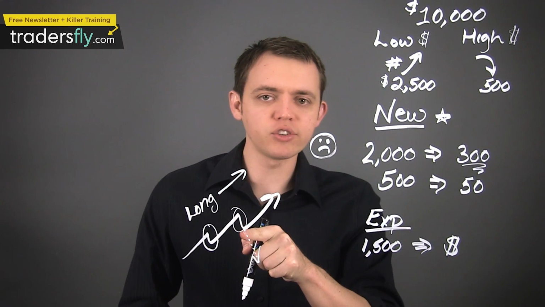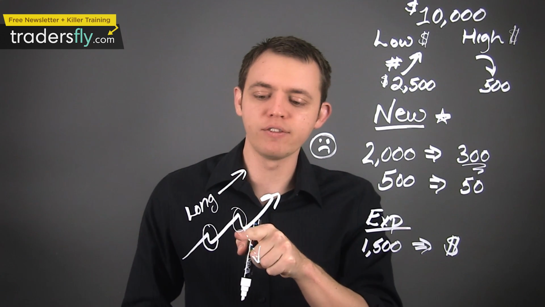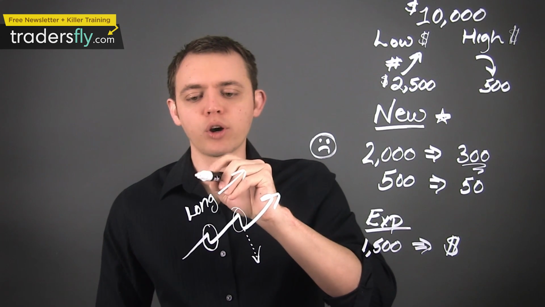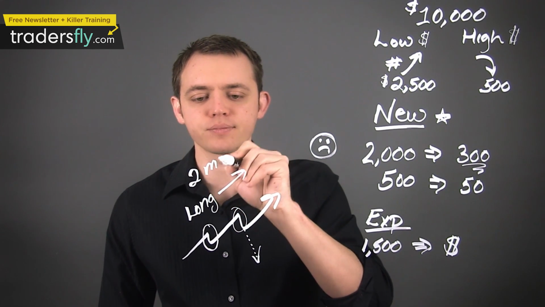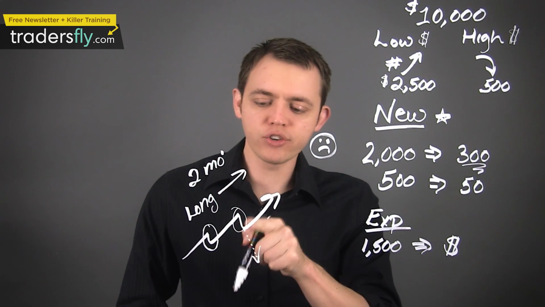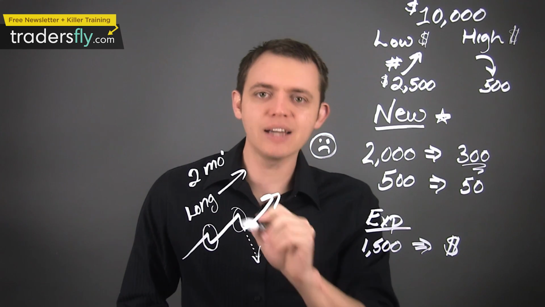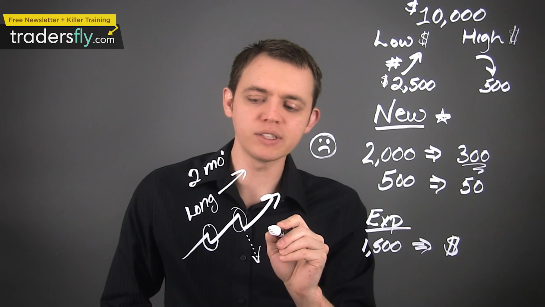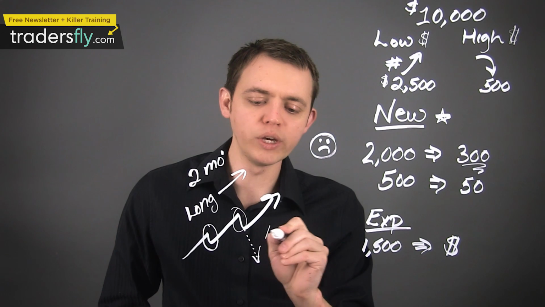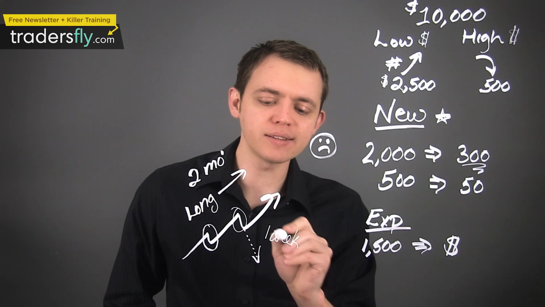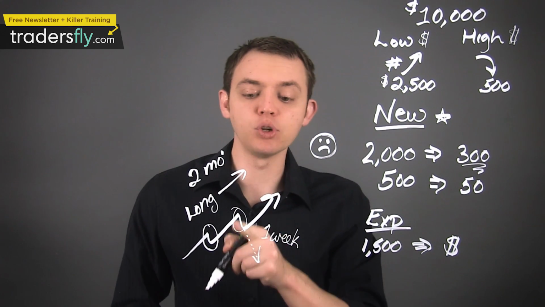Let's say this long-term view is 2 months. For the short-term view, these little moves where the stock is retracing and pulling back, I'm going to say that's 1 week.